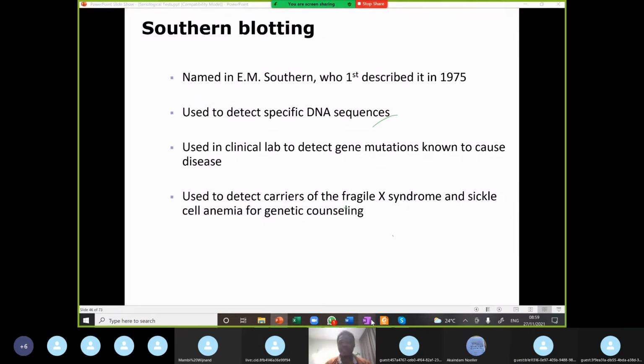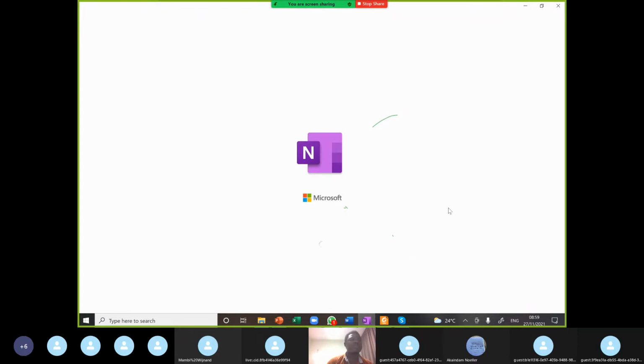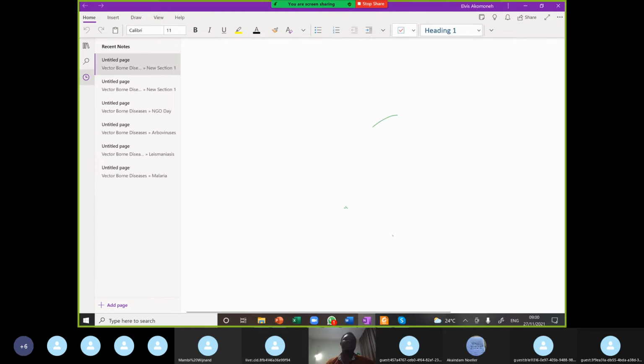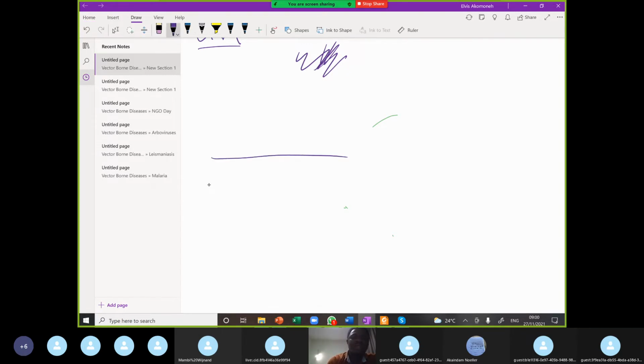So I'll talk a little bit about the principle of Southern blotting, because it is from this principle that we are able to explain Western and Northern blotting. So this is a DNA sequence, a double-stranded molecule.